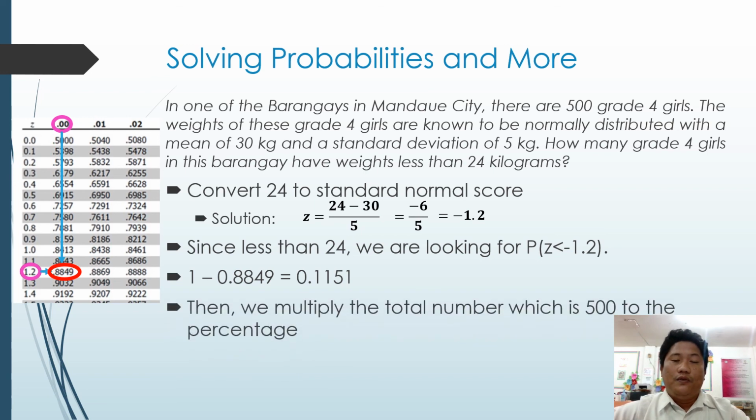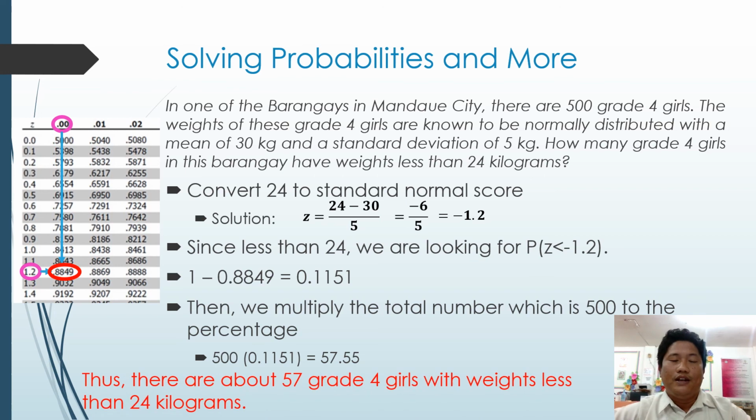Then, we multiply the total number, which is 500, by the probability that we got. So 500 times 0.1151 is equal to 57.55. Thus, there are about 57 grade 4 girls with weights less than 24 kilograms.